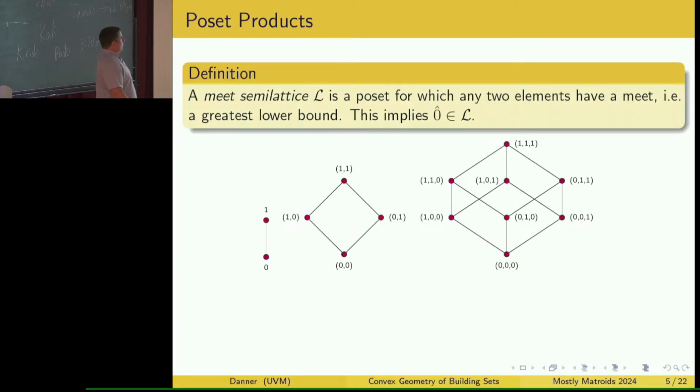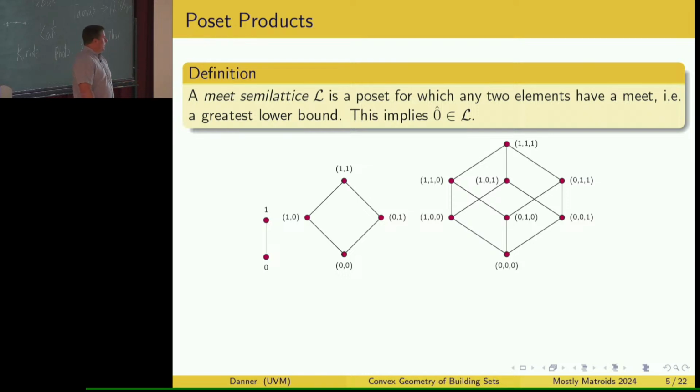Okay, I'm going to talk about posets in general. We kind of get the lattices here. What do we mean by products of posets? You take two posets and you multiply them together. If you were to impose an order relation on that, you would probably come up with the one that I didn't write the definition down for here.